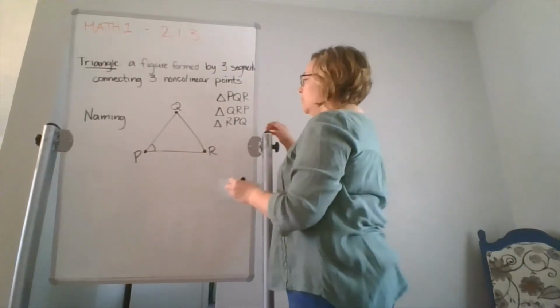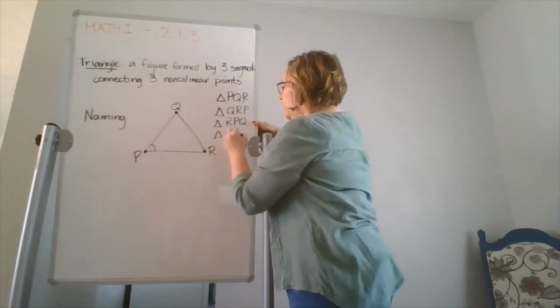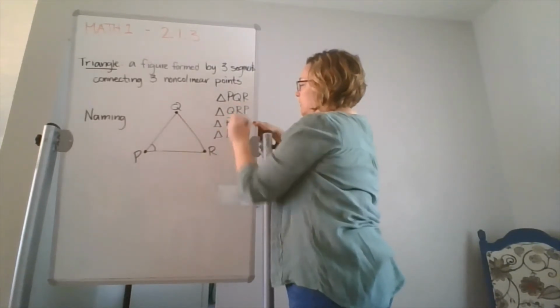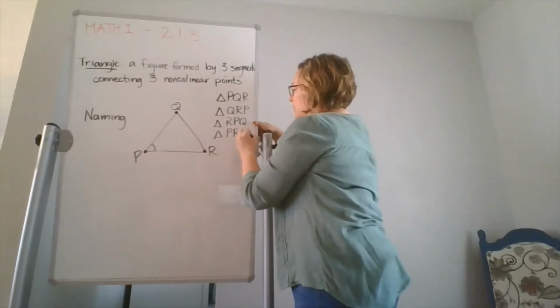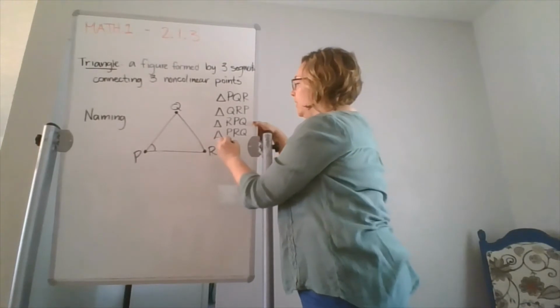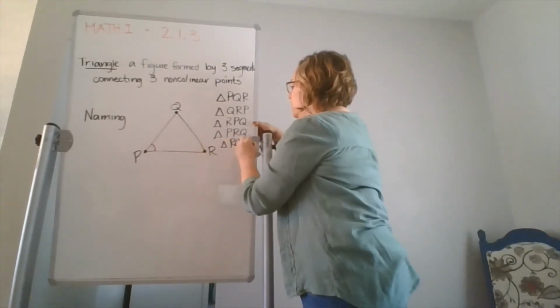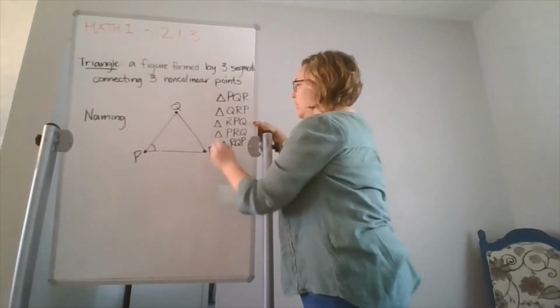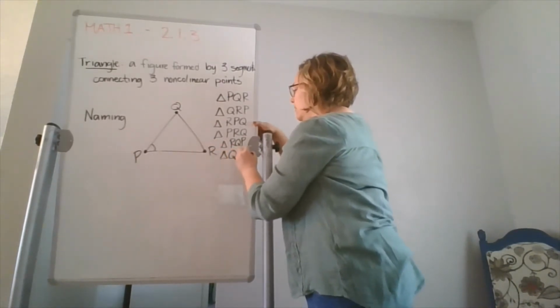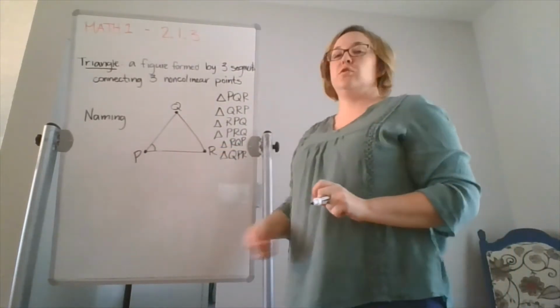So if I started with P, moving counterclockwise, I'm going to have P, R, Q. See the difference between them. But it's still a name for the triangle. I could have triangle RQP and triangle QPR. Okay, those are all of the options for the names of this triangle.